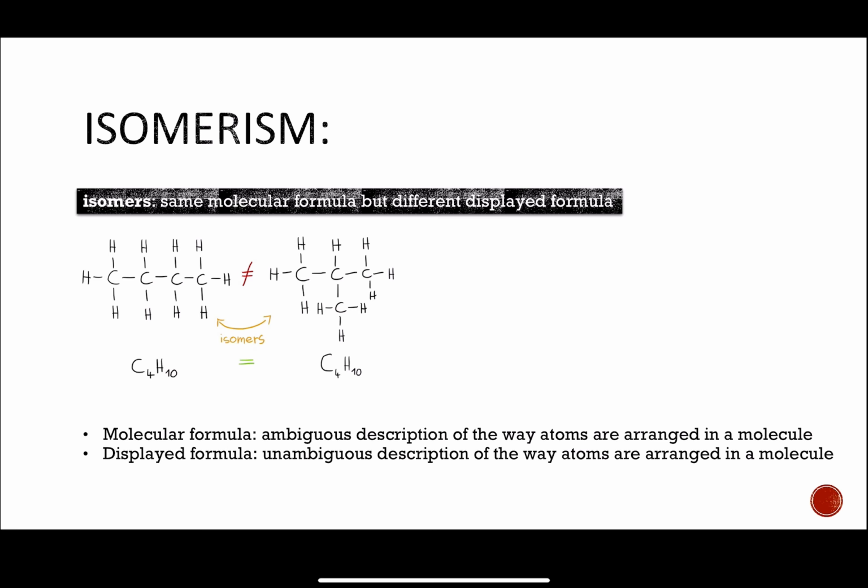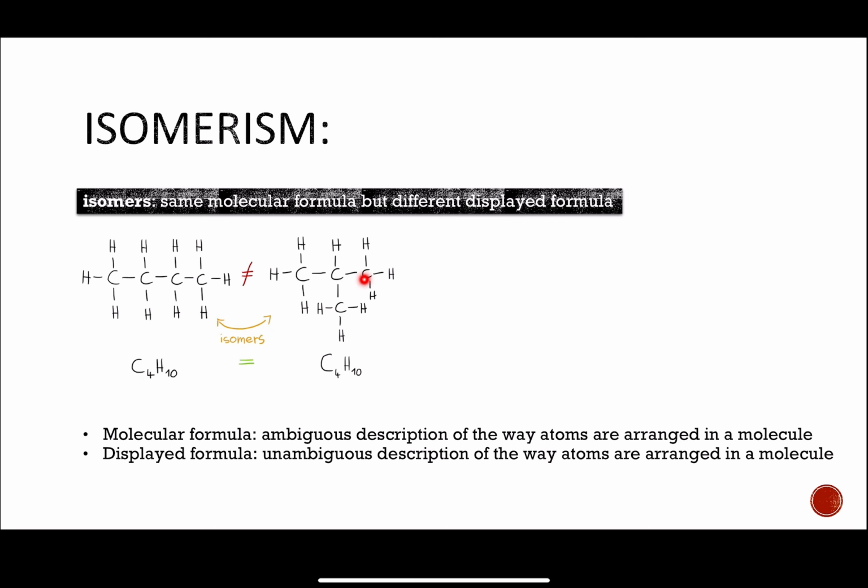Let's talk about a second very important thing in organic chemistry, and that's isomerism. Isomers have the same molecular formula but different displayed formulae. And we can see this below. This displayed formula has the molecular formula C4H10.